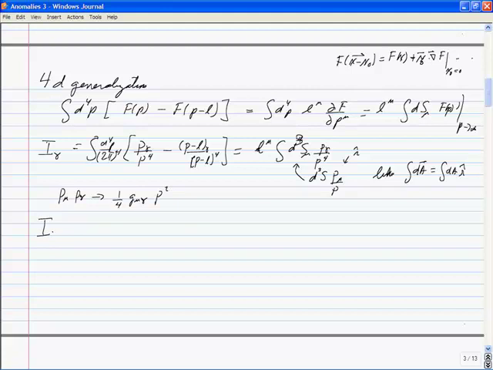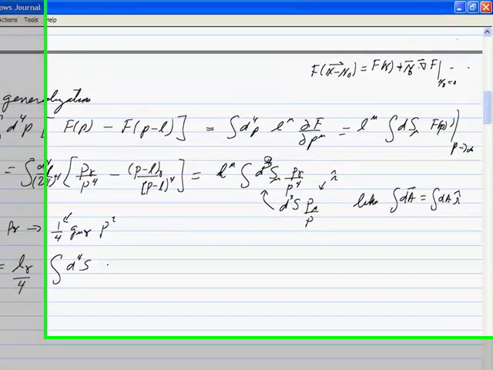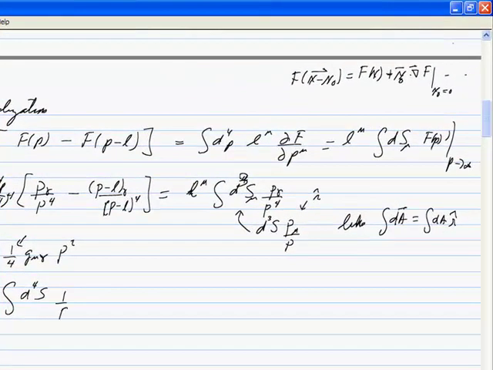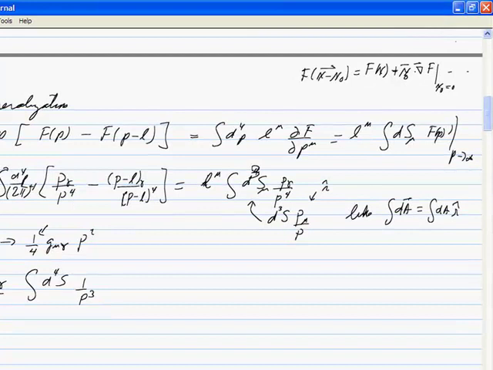So our integral I gamma then turns into L gamma integral d4s, that's the surface thing. There's a 1/4 from here, and from that 1/4, and it's 1 over p cubed. There's p to the 5th, p squared up there took care of 2 of those.